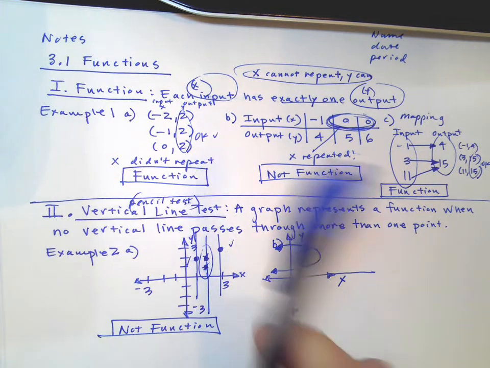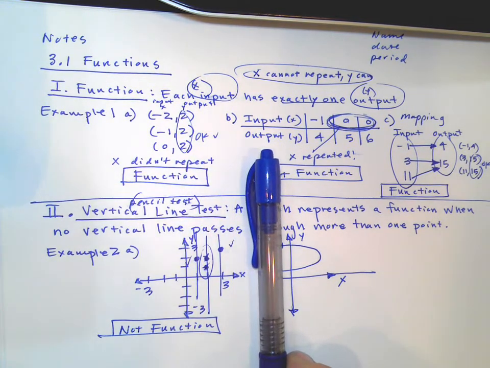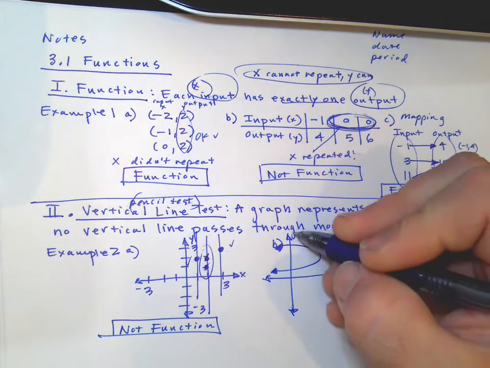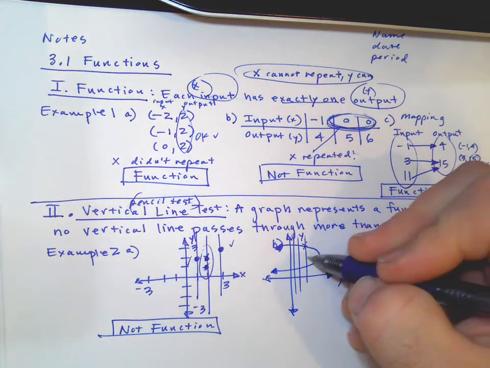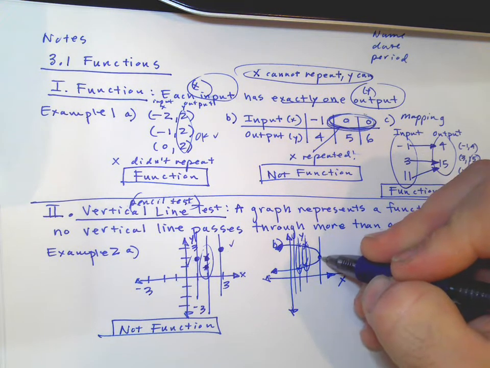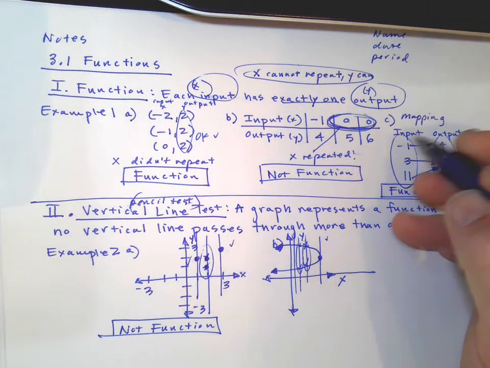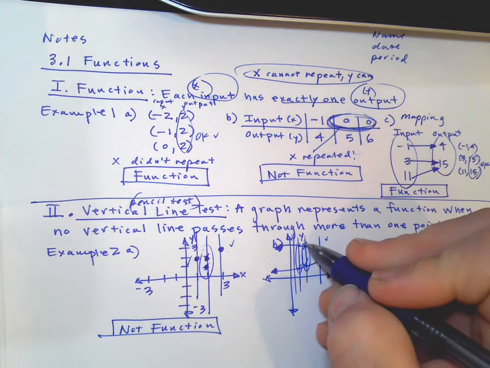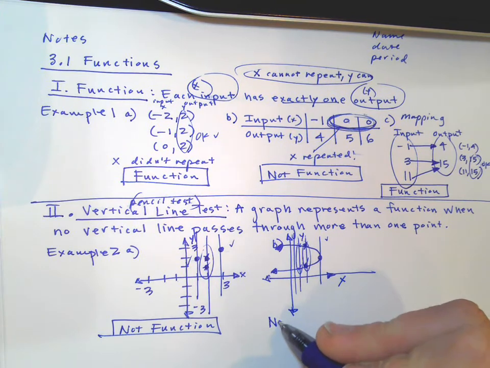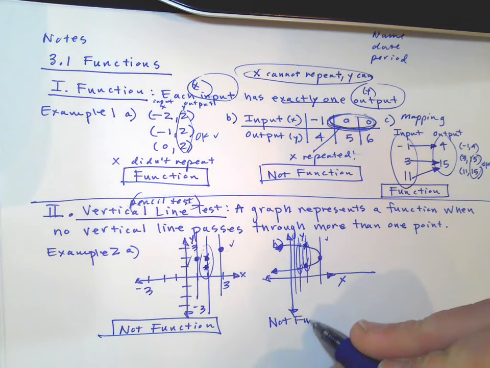If you're taking a vertical line, pen or pencil, boom, crossing it more than once. Anywhere in here, it's crossing it two times at a time. Here, it crosses just once. Okay, that's all right. Here, it doesn't cross at all. That's fine. But over here, it's crossing it twice anytime you draw a vertical line. So that's not a function.